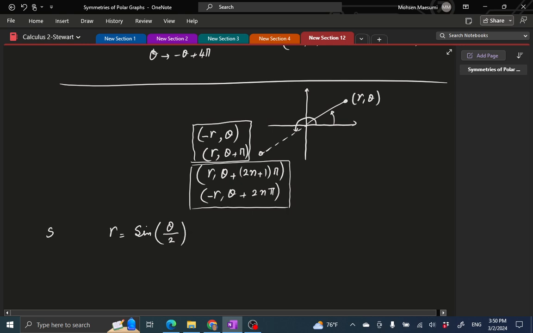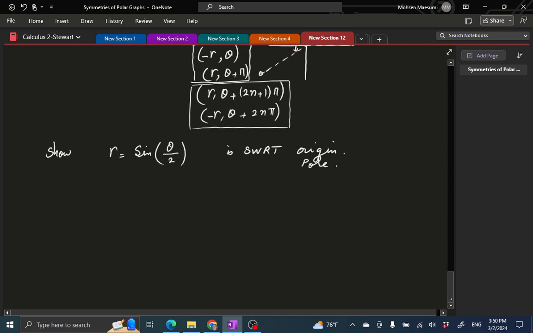Show that sine of theta over 2 is symmetric with respect to the origin, or, as we sometimes refer to it, the pole of the polar system. The pole in polar coordinates is just 0, 0. Okay, what do we do?